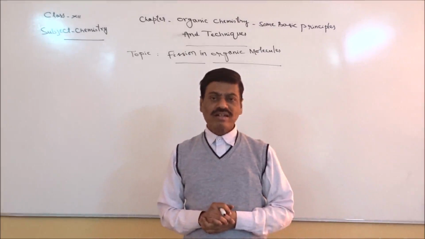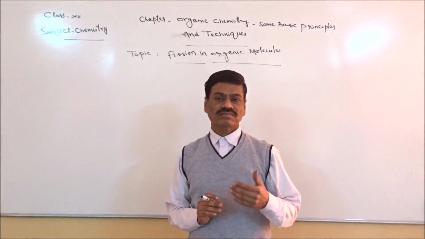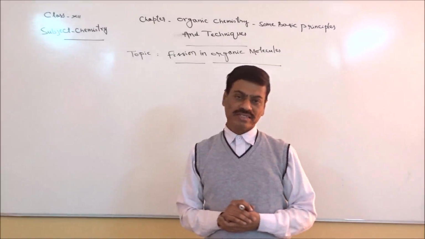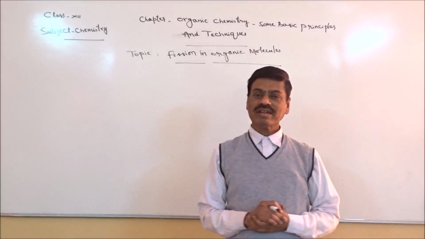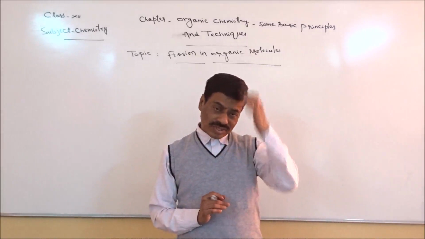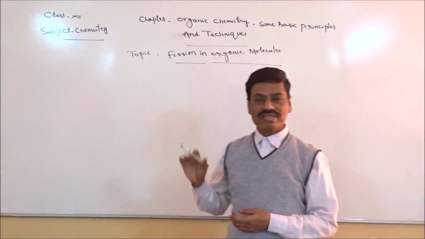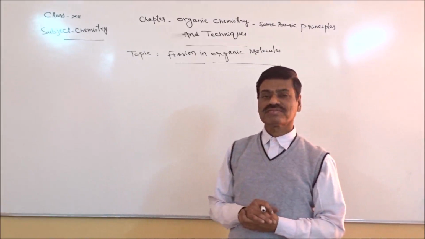If you take an organic compound, for example, we can go for ethyl bromide, the common name, bromoethane, the IUPAC name. The same example was taken in the inductive effect, right?